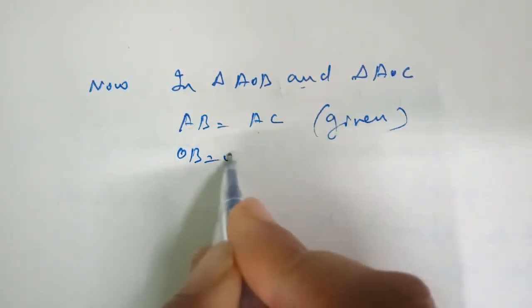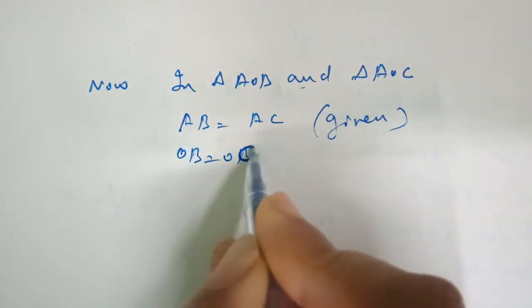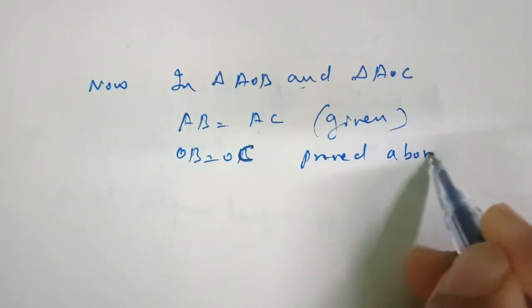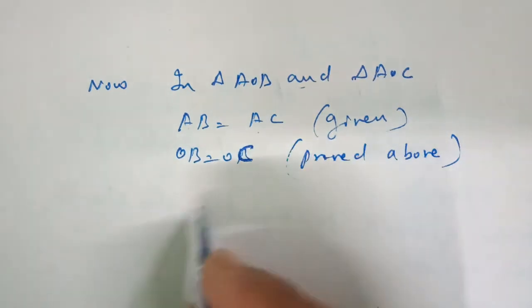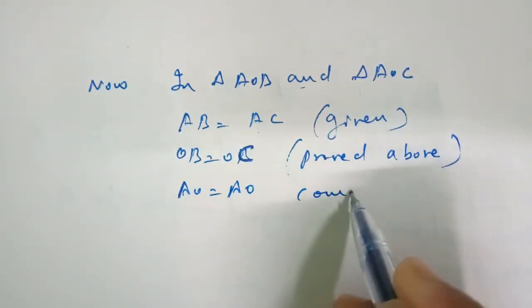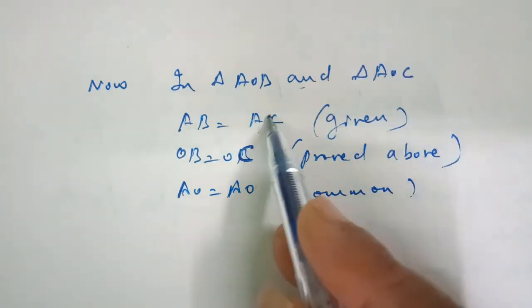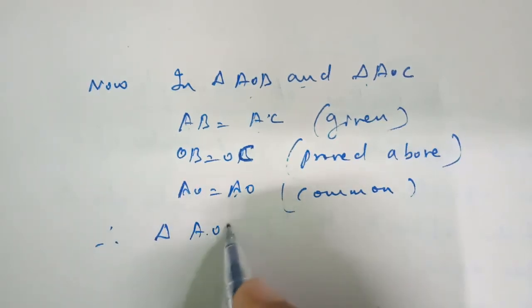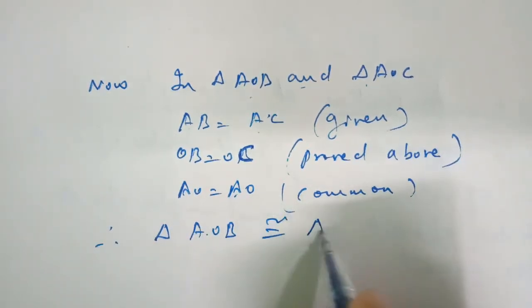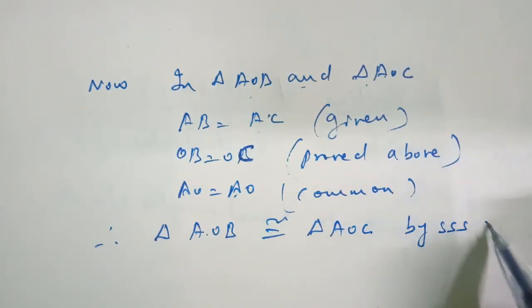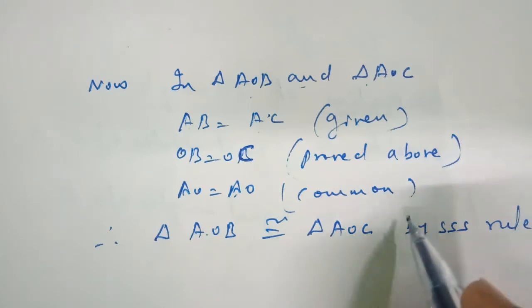OB equal to OC. We have just proved it above, in the first part. And AO is equal to AO. It is common. So by side, both the triangles are congruent. Therefore, triangle AOB is congruent to triangle AOC by the side congruency rule.